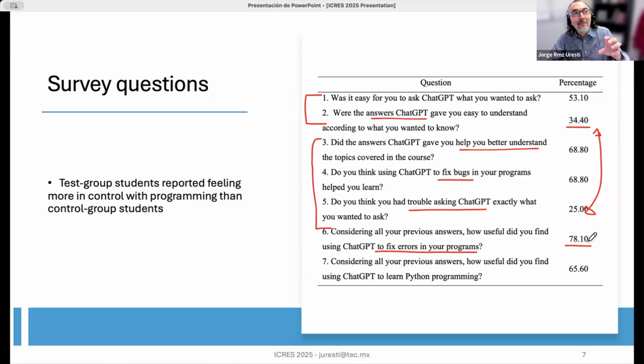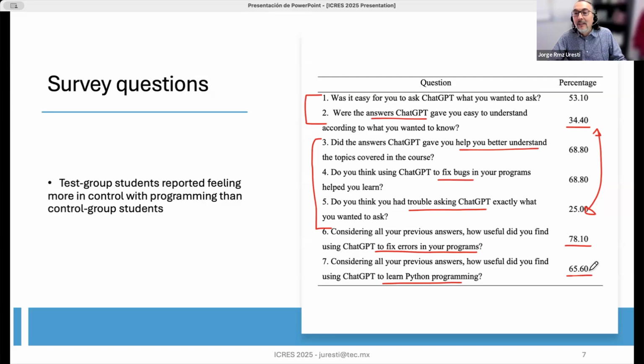It was giving them kind of a solution, as Professor Costa was saying, that maybe they are just taking the solution. We are not clear about that. And also, how useful was it for them to learn Python? Because that was the main thing. And 65% said, for me, it was easier.